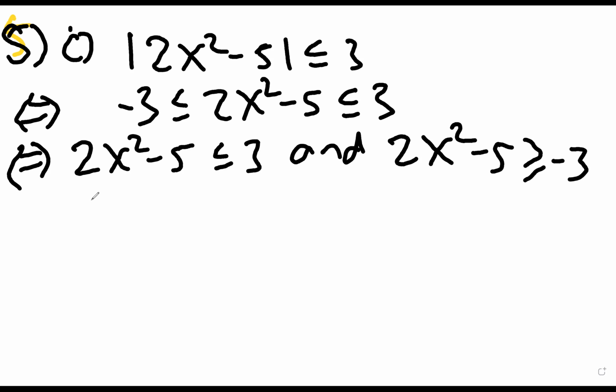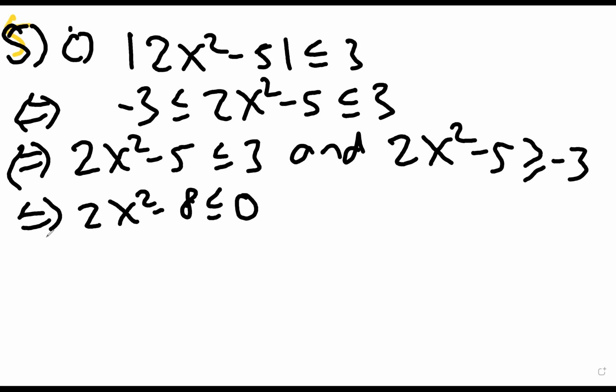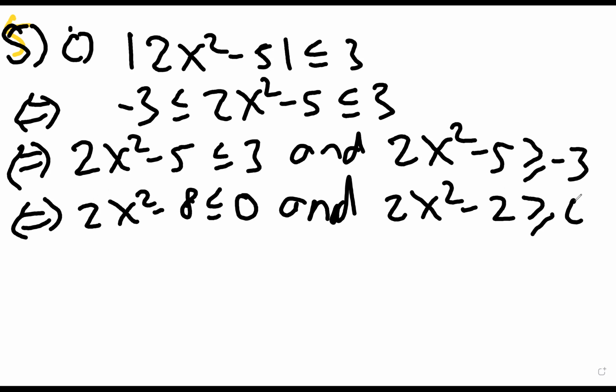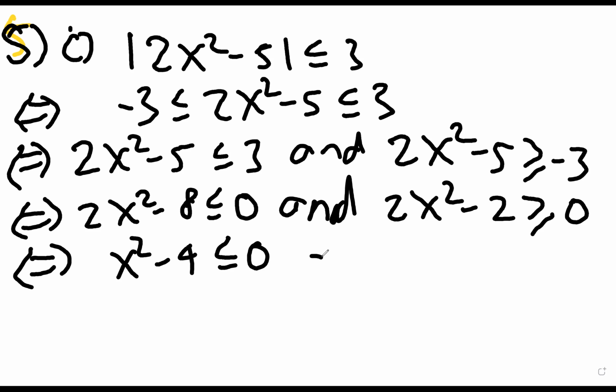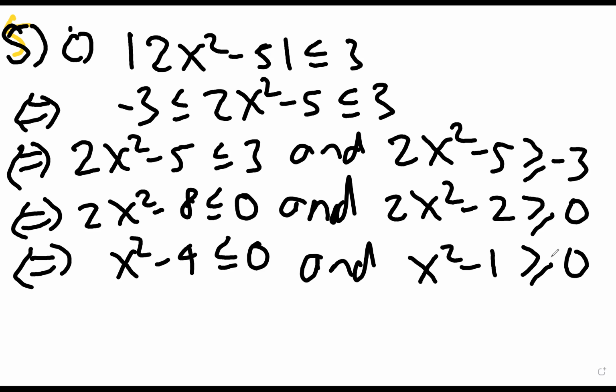So in this case, I have 2x squared minus 8 less than or equal to 0, and 2x squared minus 2 is greater than or equal to 0. Then I will have x squared minus 4 is less than or equal to 0, and x squared minus 1 is greater than or equal to 0.